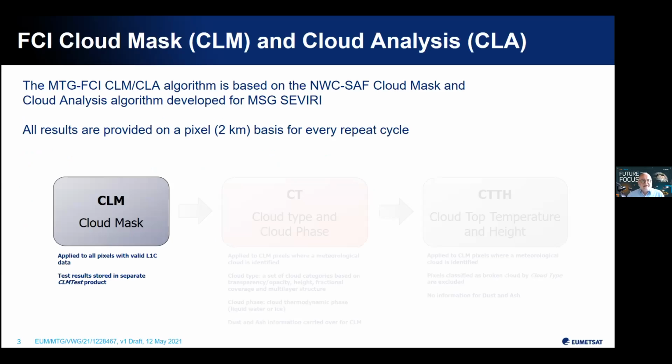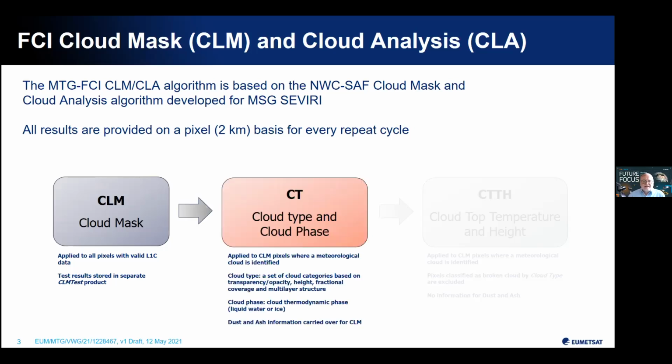The FCI cloud mask and cloud analysis algorithm is mainly based on the nowcasting CEPH cloud mask and cloud analysis algorithm developed for MSG SEVIRI, with a few changes in adaptation to the EUMETSAT processing and input data. All results will be provided on a 2-kilometer basis for every repeat cycle, so every 10 minutes.